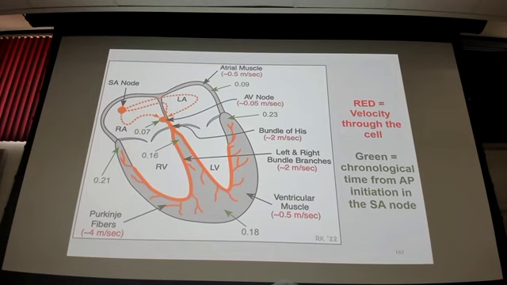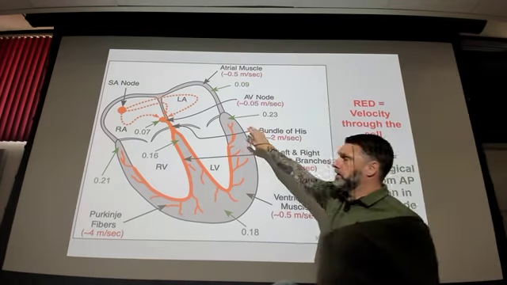Alright, so again, this slide isn't necessarily that I want you to know these numbers, okay? But the numbers in red represent the velocity through the individual cardiomyocytes, the conductive cells, right? So we have the individual conductivity, and then the green represents the start from the SA node, 0.7 seconds to the AV node, and then all the way through, 0.23, 0.21, to the top of the ventricular myocardium, right?